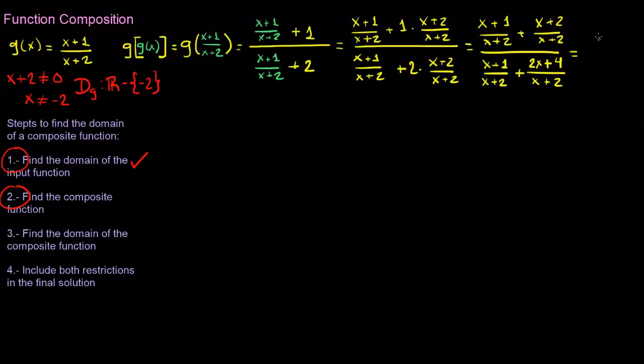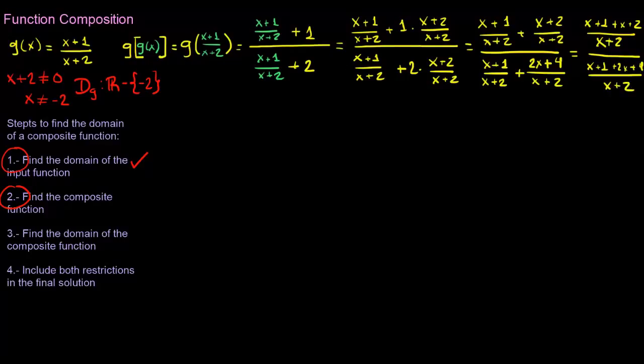I'm going to get them together as they now share the same denominator in here and in here. We can pretty much get them together now easily. Here will be x plus 1 plus x plus 2 all over 2 times x plus 4 over x plus 2.